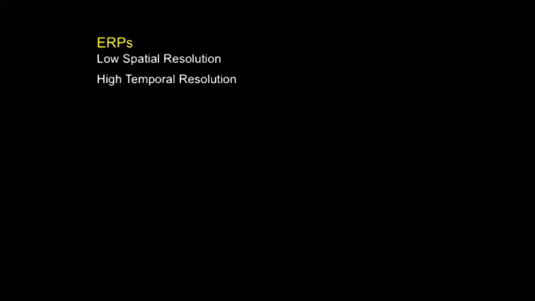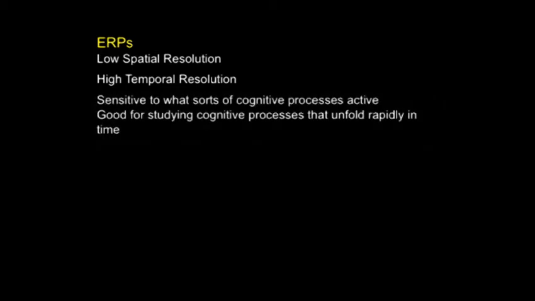They're not excellent at describing exactly where in the brain that process takes place, mainly because the skull intervenes and deflates a little bit this signal. So we don't know exactly which part of the brain is sending us this signal. However, they're sensitive to what sorts of cognitive processes are active, and they're excellent for studying cognitive processes that unfold rapidly in time.